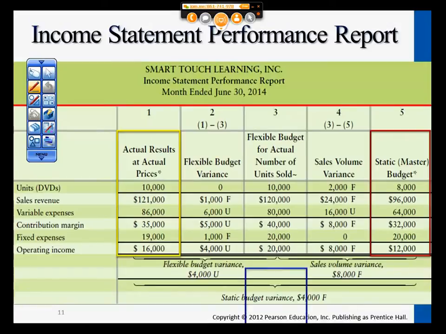All right. And then we have our flexible budget for actual number of units sold. So what do we have? It's our budget, right? But here we use the number of units sold that is from our business operations. They're real numbers for our business, okay?